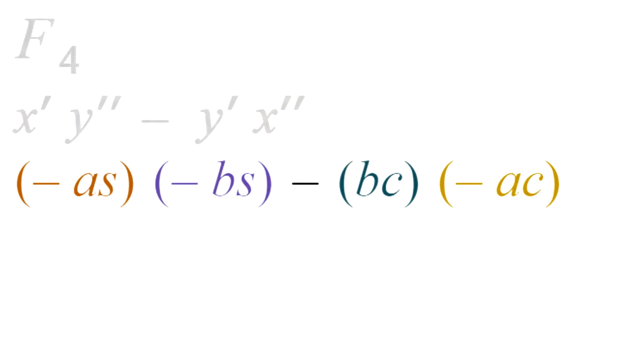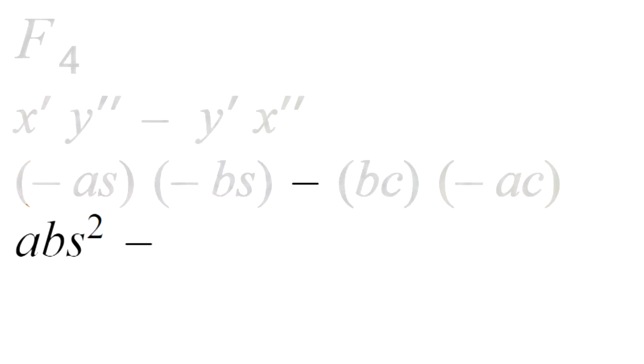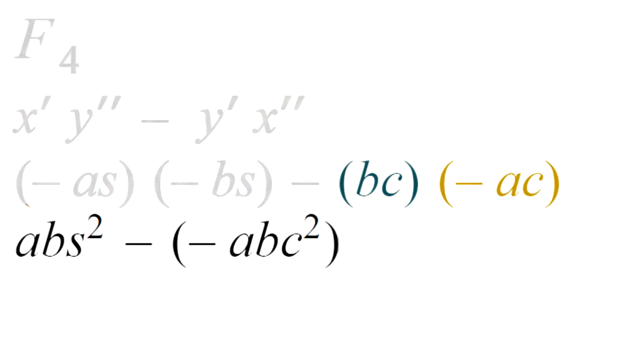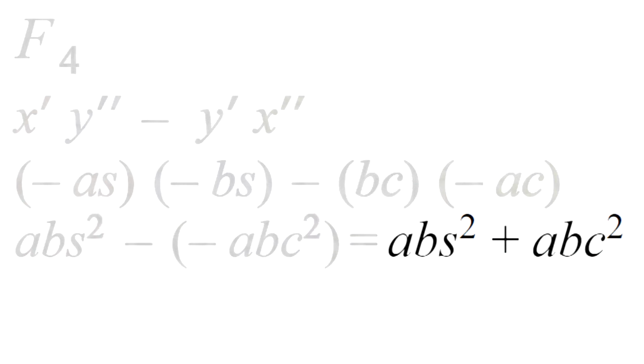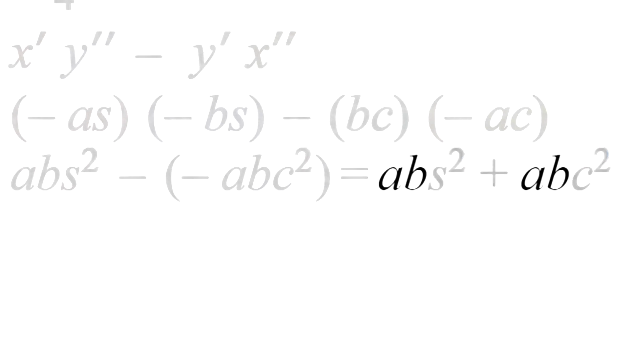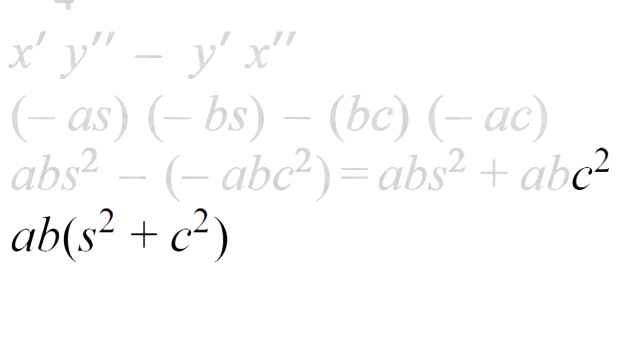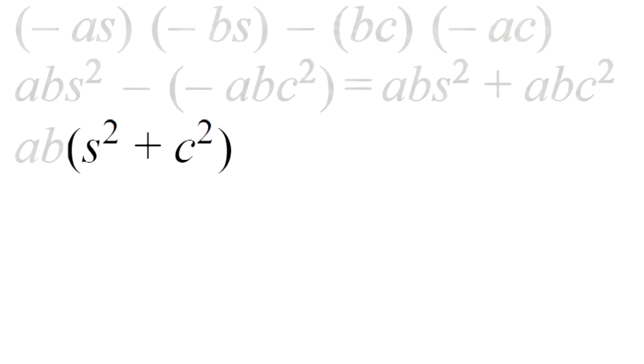By multiplication, we get abs squared minus negative abc squared, or abs squared plus abc squared. You can see we can factor out ab here, so doing so gives us ab times s squared plus c squared. We know that s squared plus c squared is 1, so multiplying that times the identity is the same as just ab. And this is our f4 in the equation.